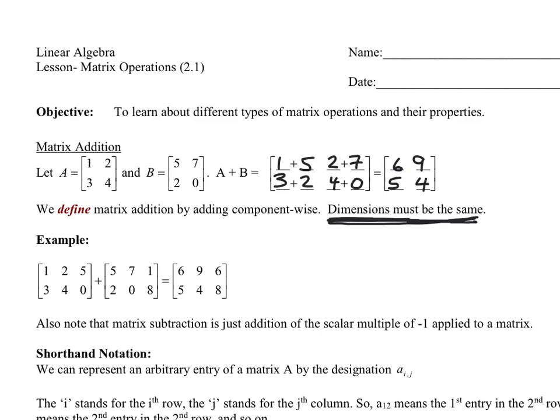One of the big questions that we're going to come to wonder is, what do you get when you add two matrices together? We know what we get when we add two vectors together.